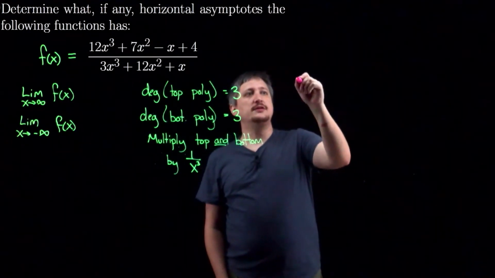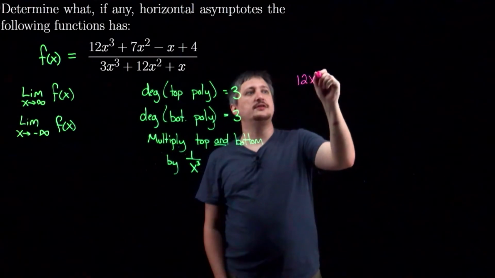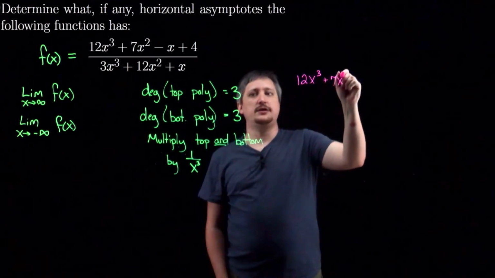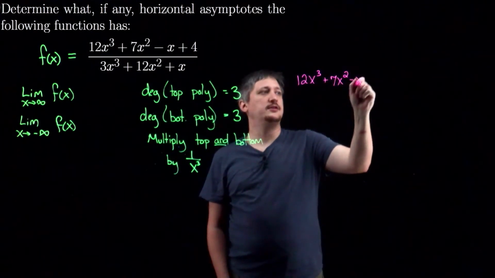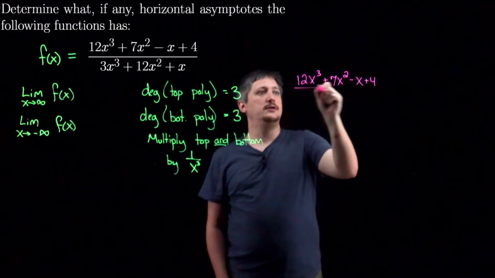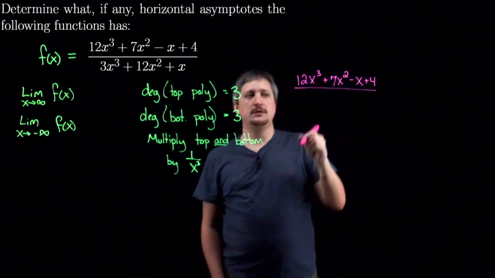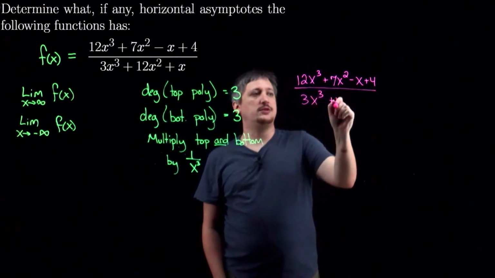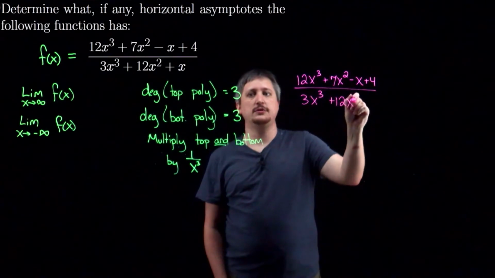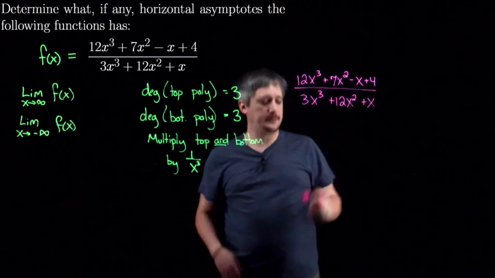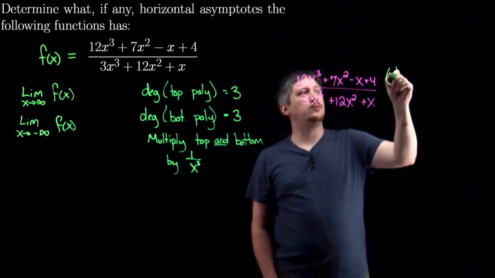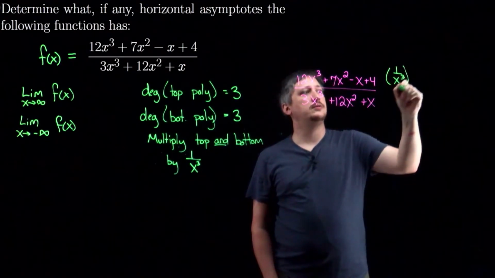So I have 12x cubed plus 7x squared minus x plus 4 divided by 3x cubed plus 12x squared plus x. And then I'm going to multiply the top and the bottom by 1 over x cubed.